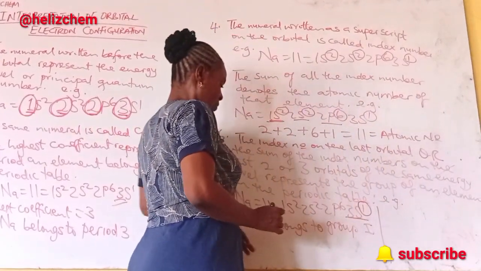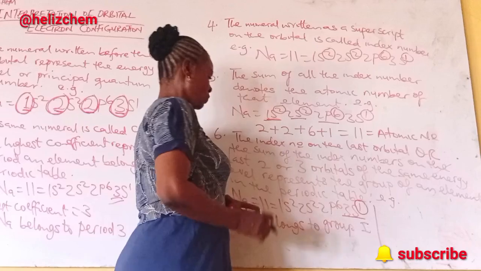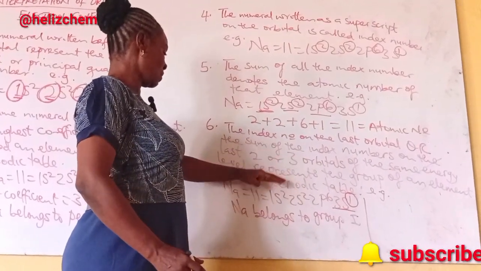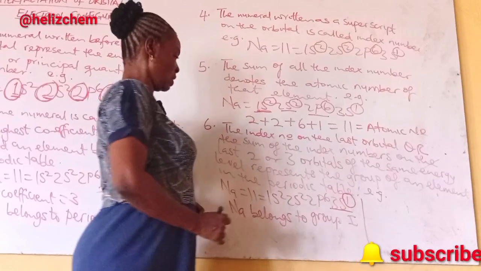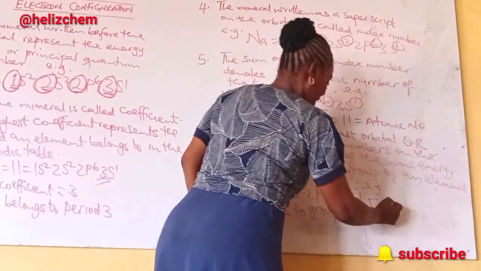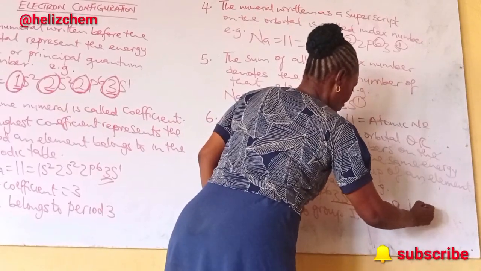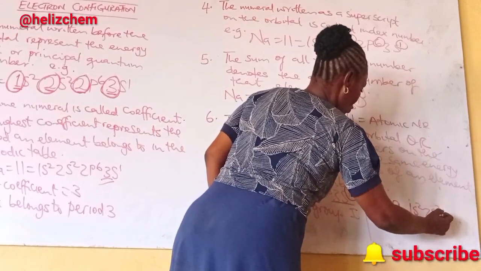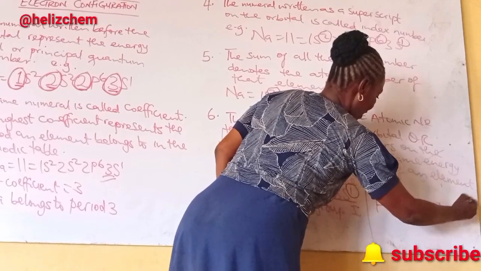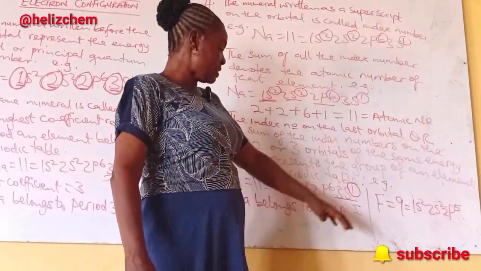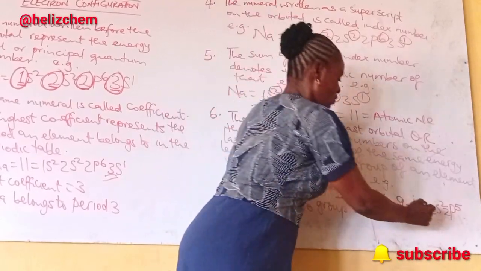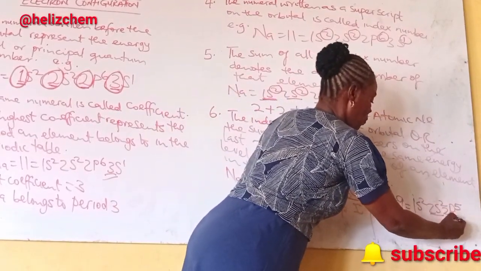Let's consider this second example so that we can have a better understanding of the second statement written on the board. Let me use fluorine. Fluorine is 9, and that is 1s2, 2s2, 2p5. If you look at this electronic configuration, this is 2s, 2p.